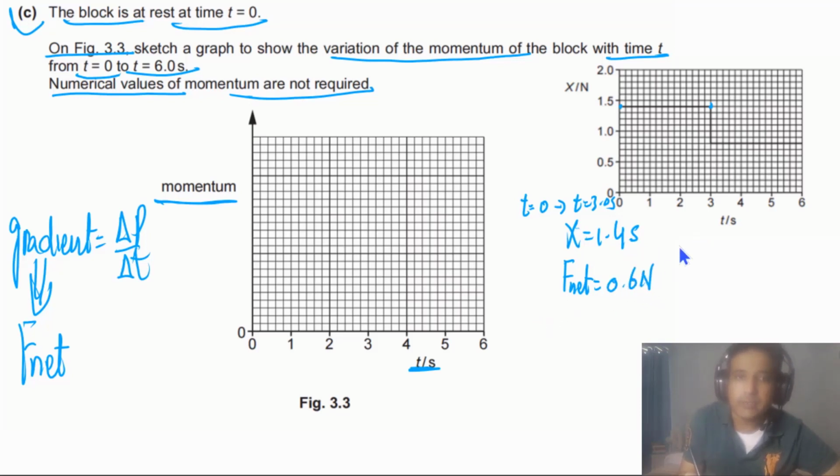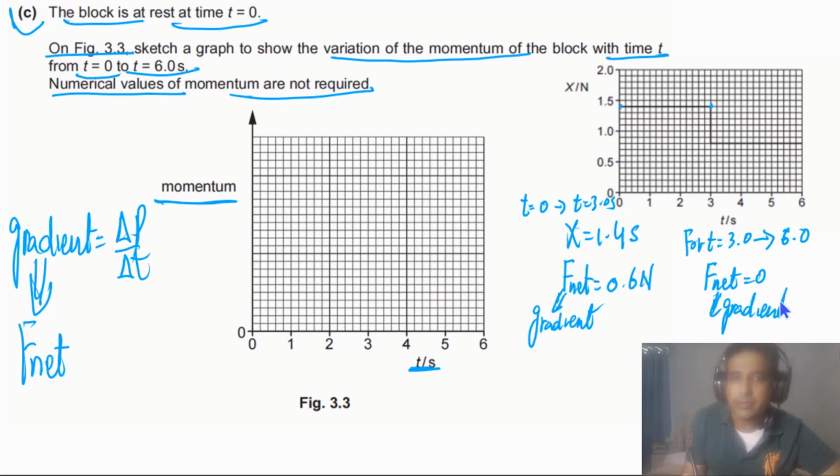And for t = 3.0 to 6.0 seconds, F net is equal to 0. So it means that in the first interval, gradient has to be equal to 0.6, and in the second interval, gradient has to be 0.